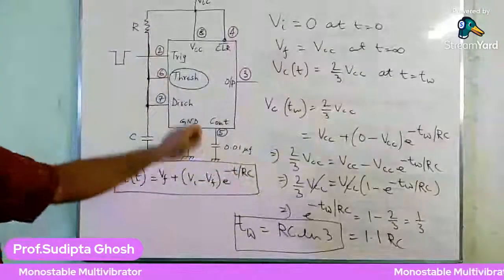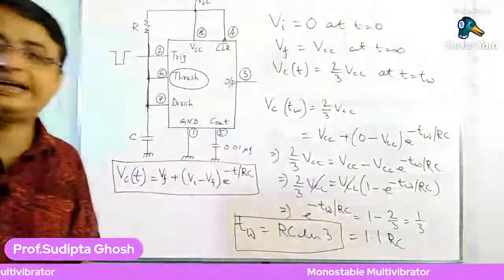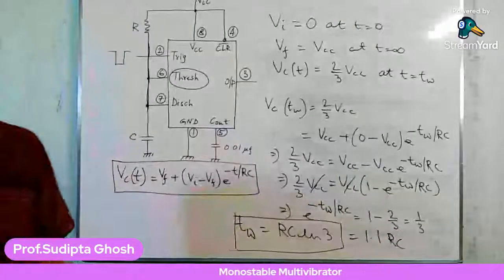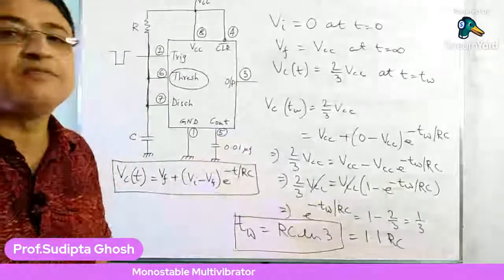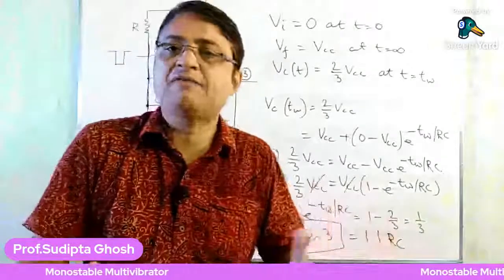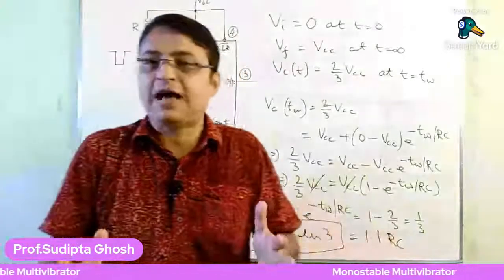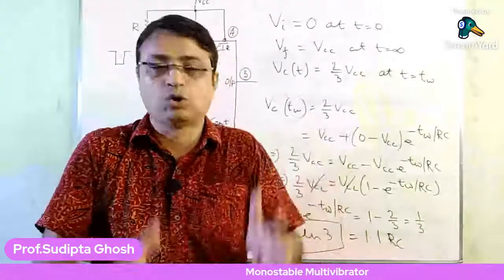Okay, and then after giving a negative pulse, we have a waveform of high value when the trigger pulse goes low.